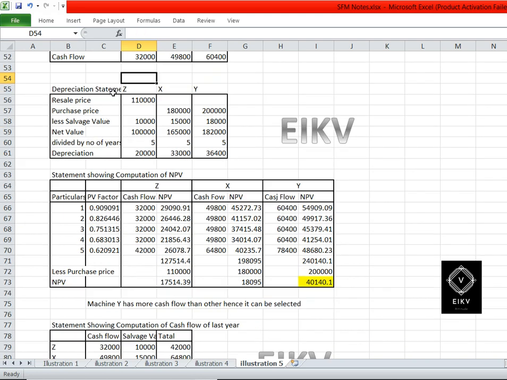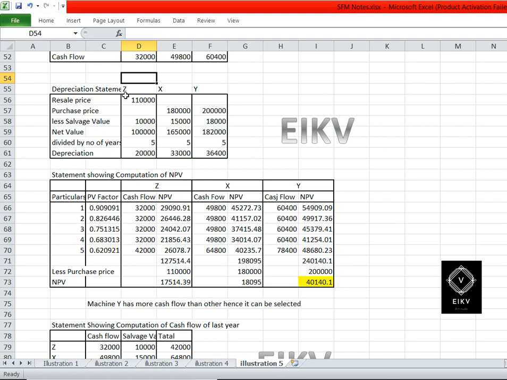Now I will explain how we have computed depreciation. I have drawn a table with 4 columns: depreciation statement, Z, X and Y. Here for Z, we need to take the resale price, not the book value.